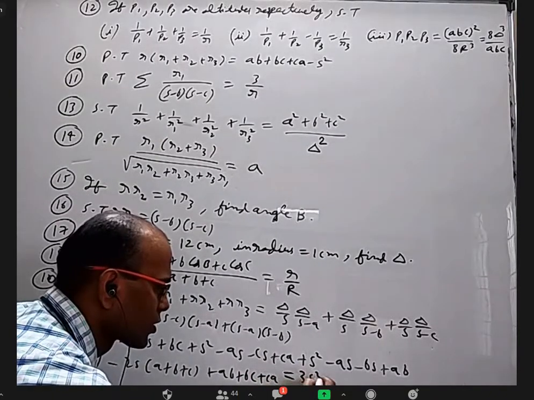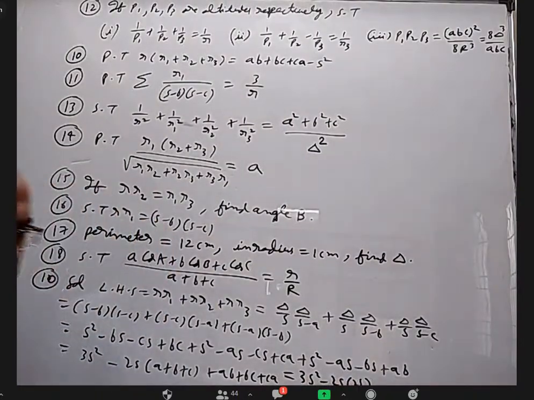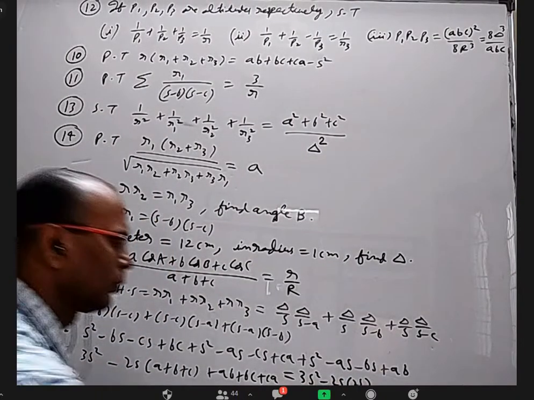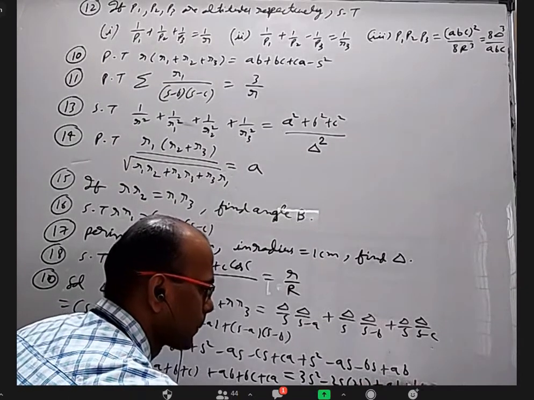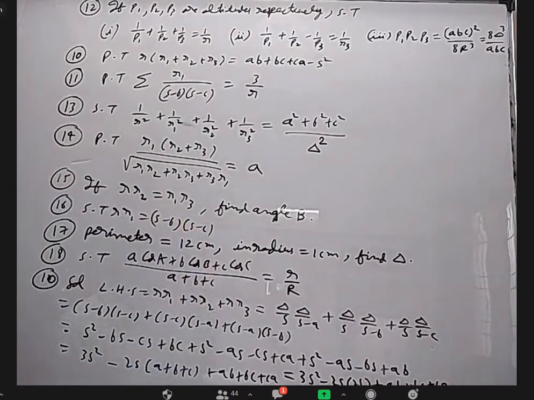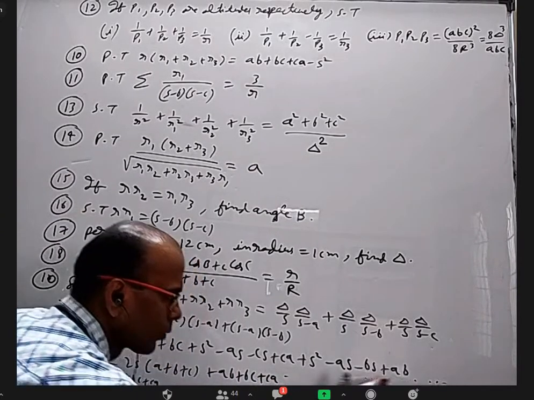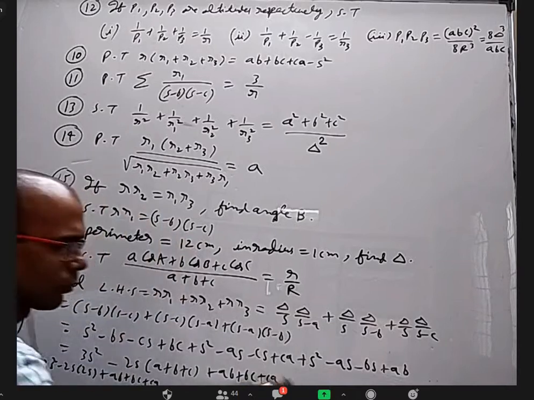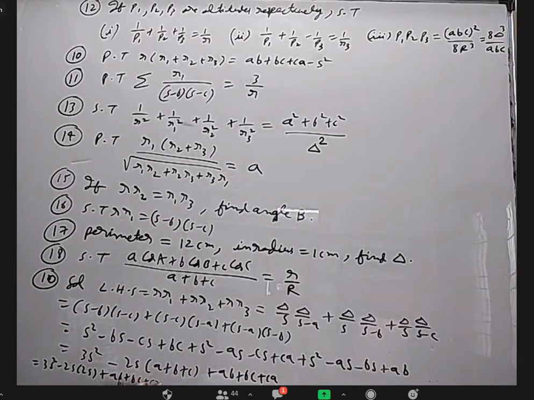We will get 3S square minus 2S into 2S plus AB plus BC plus CA. This is basically minus S square and you will get the answer. That's it.